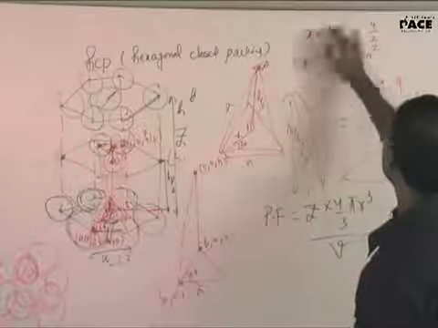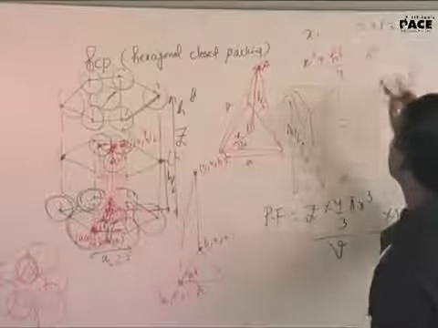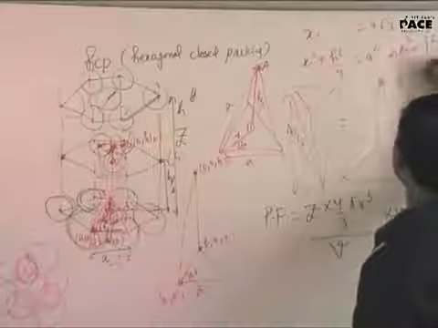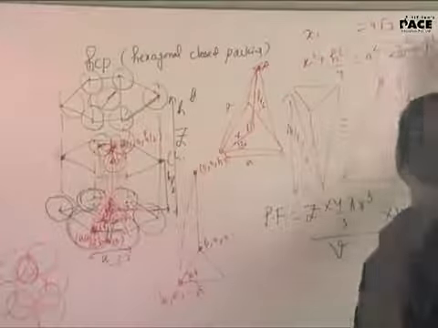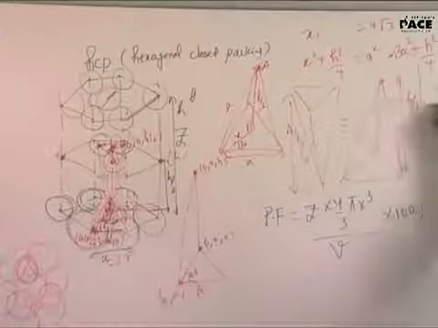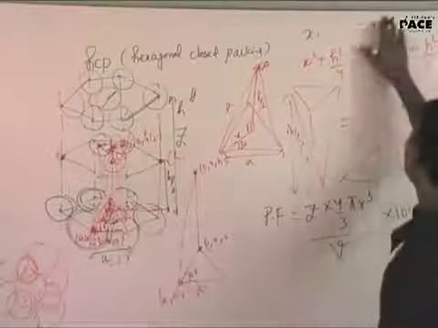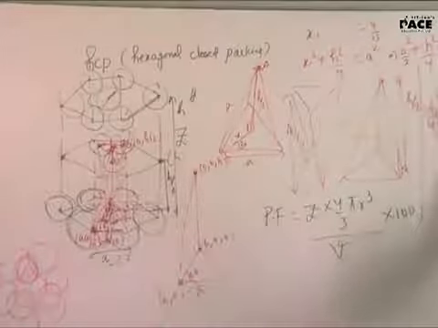Cos 30 is root 3 by 2. So x is A by root 3. Then x square plus h square by 4 equals a square, so h square by 4 equal to 2a square by 3.